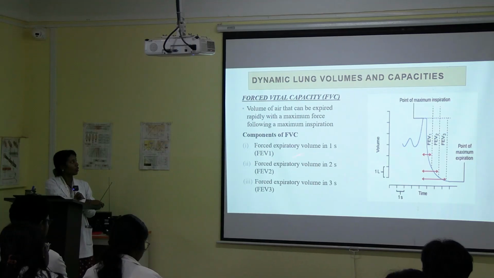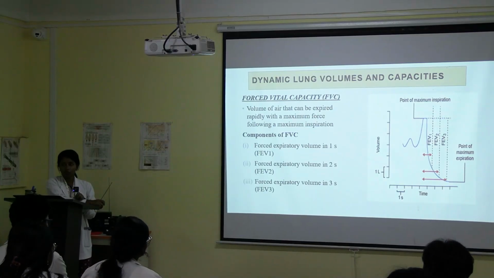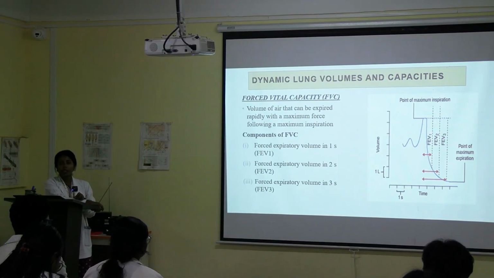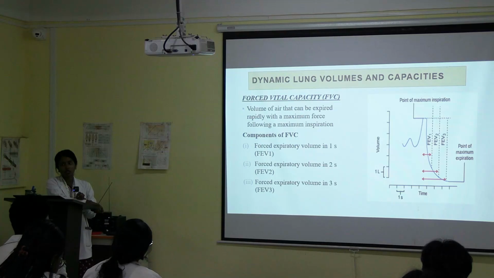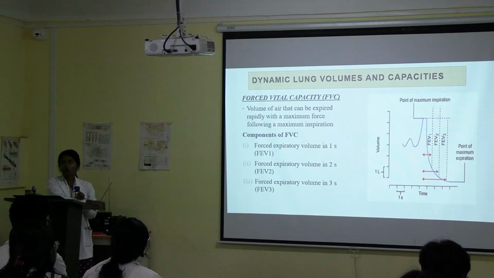This is your dynamic lung volume, where you take the consideration of time in seconds. These are your dynamic volumes and capacities. So your FVC is important, and with this you can give a diagnosis of restrictive or obstructive lung diseases.